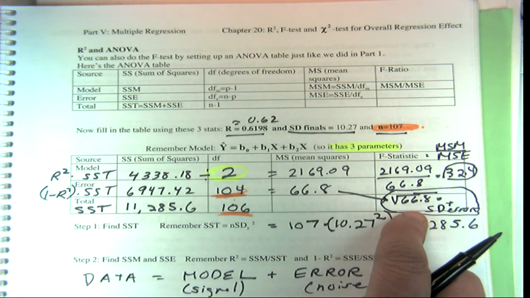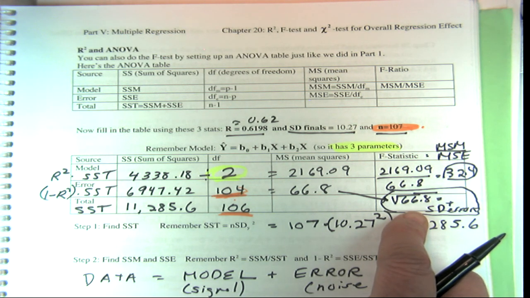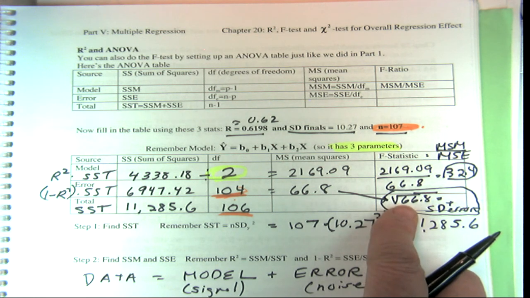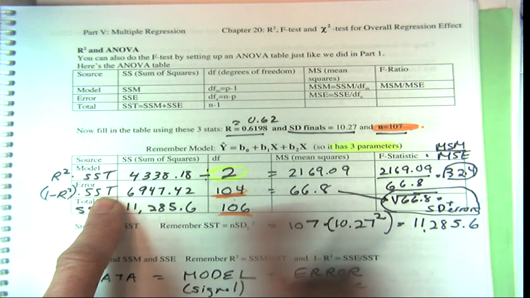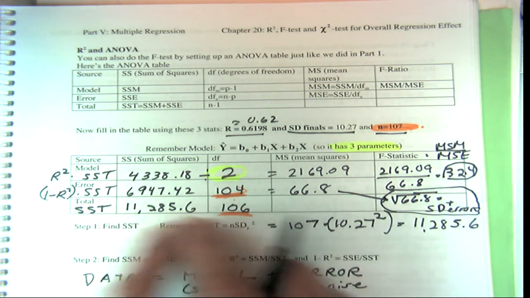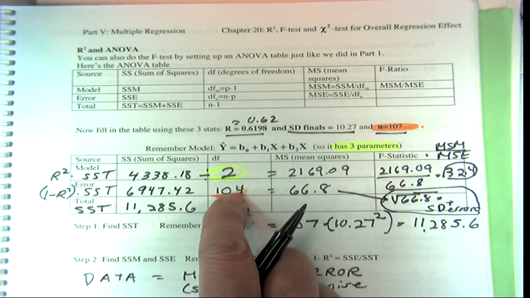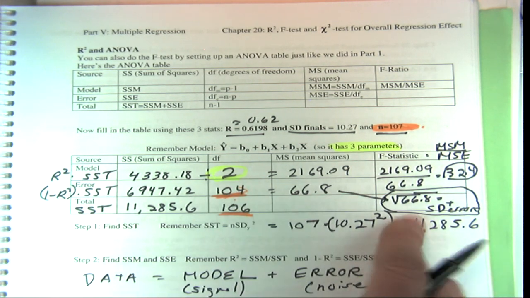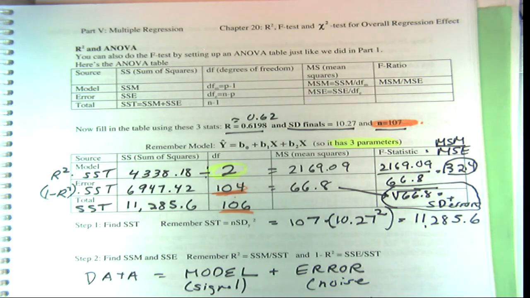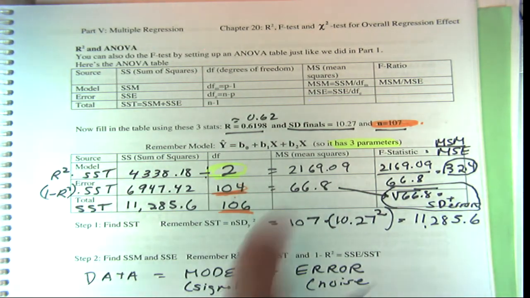It's a tweak on that. The standard deviation of the errors is the square root of 1 minus r squared times s_y. If we divided by 107, it would be exactly our standard deviation of the errors. It's just a tweak on that. You'll see that in the homework, and we'll explore that a little more.